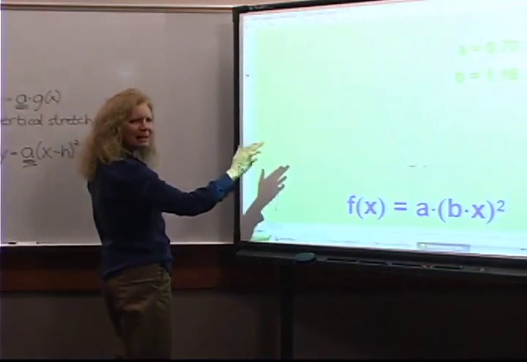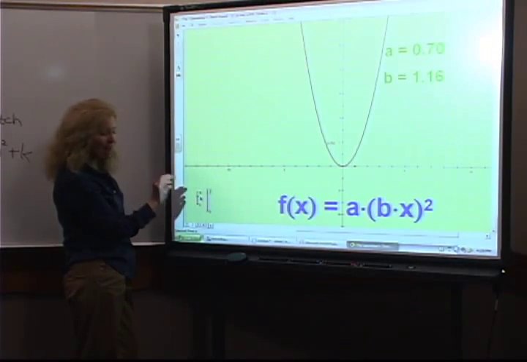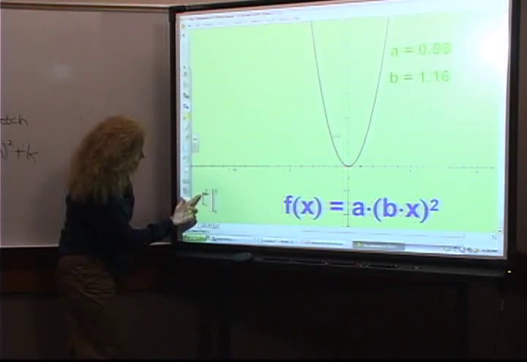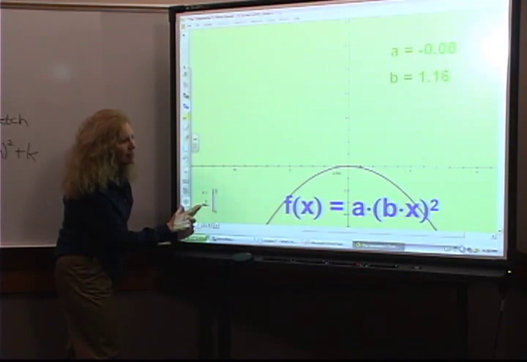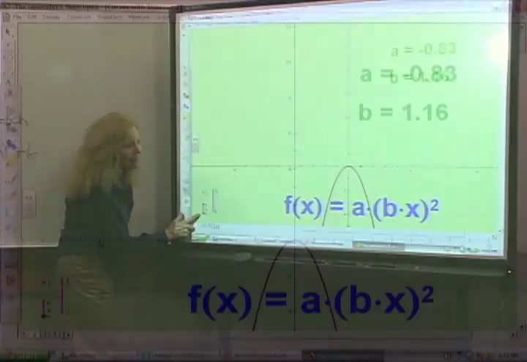Okay, so what's the B going to do? Oh, hang on, before I do that, let's see if I can make my A value go negative. Now watch. Oh, there's a negative 0.08, so it's a small value except it's negative. And look at what's happening.